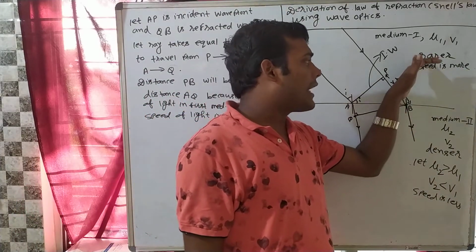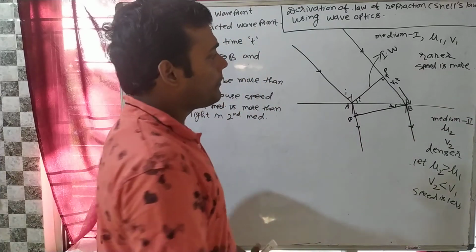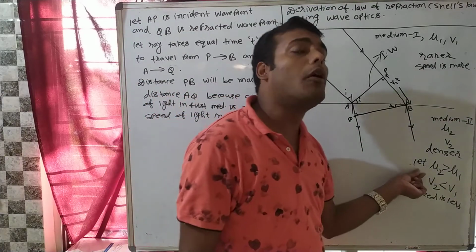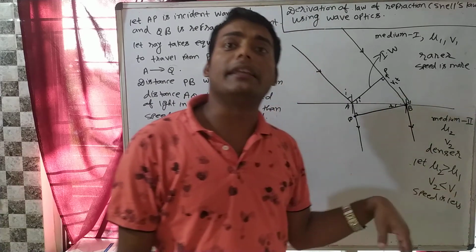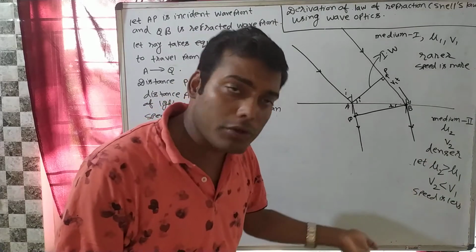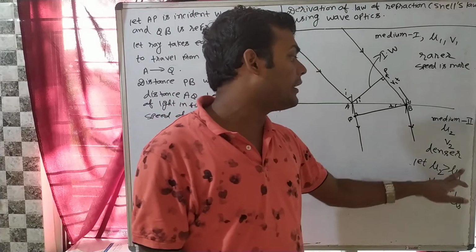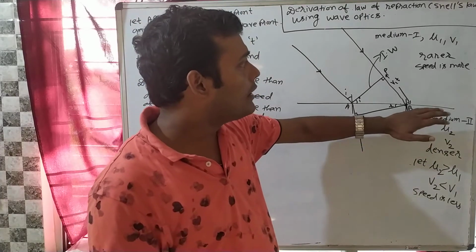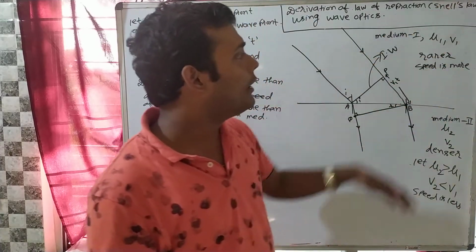Let's say this is rarer medium and this is denser medium, that means mu2 is more than mu1. I told you that if the refractive index is more, it is a denser medium, and if it is less, it is a rarer medium. So I have supposed the refractive index of second medium is more than that of first medium, so this medium becomes denser and this one rarer.